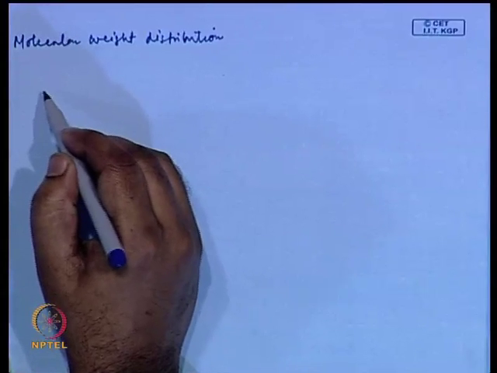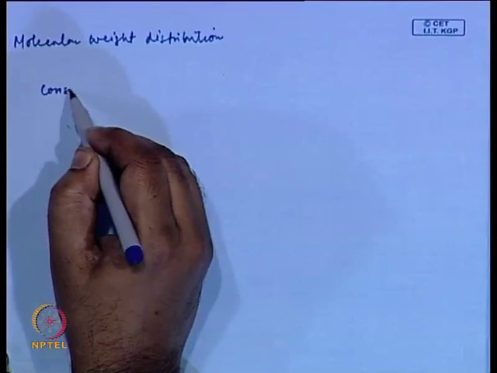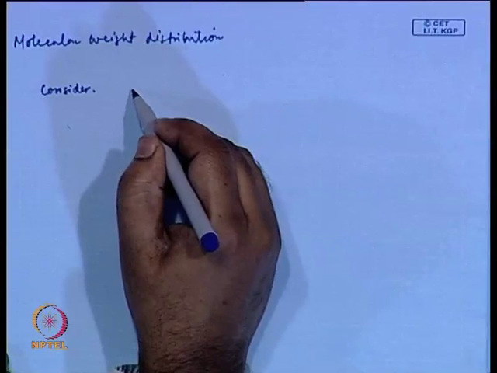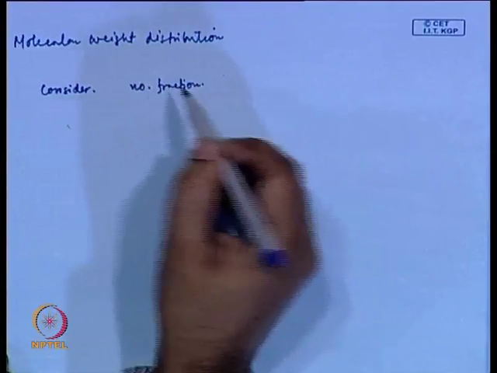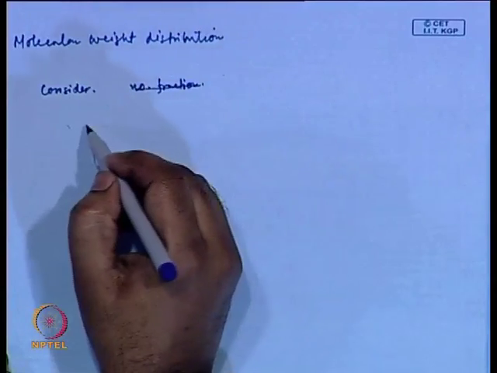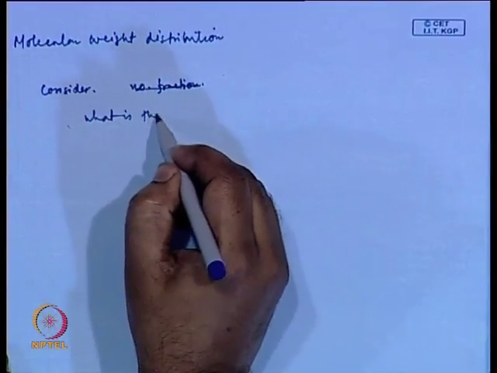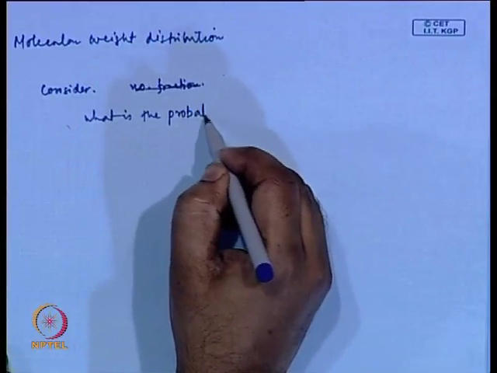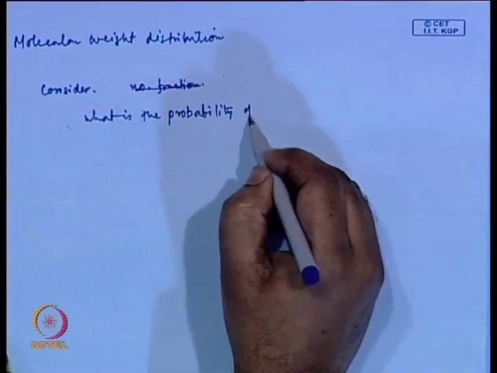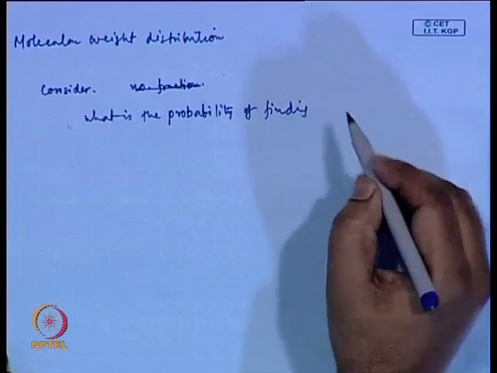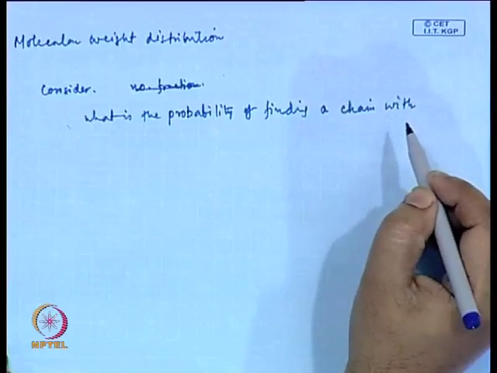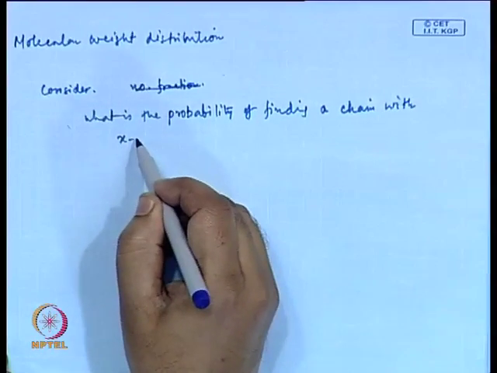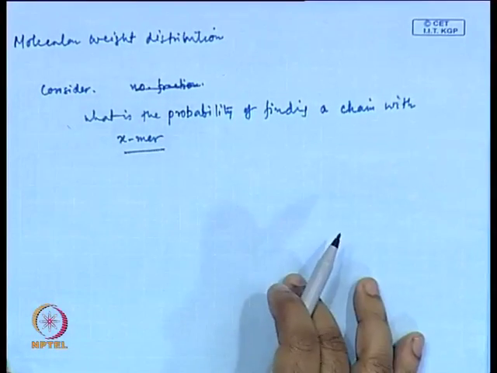Now, we have to find what is the number fraction, or say probability, of finding a chain with x-mer, x structural units.